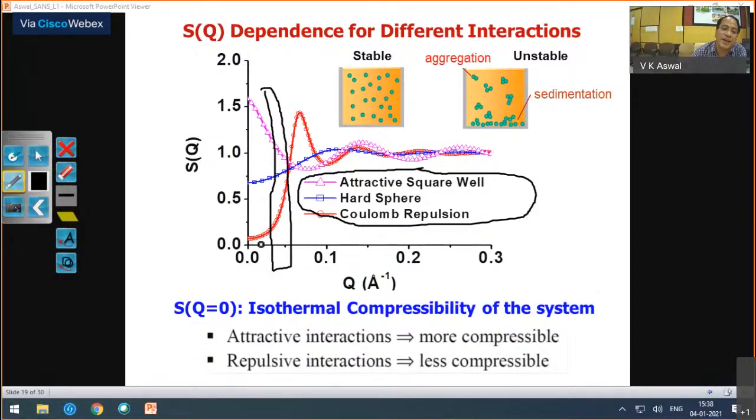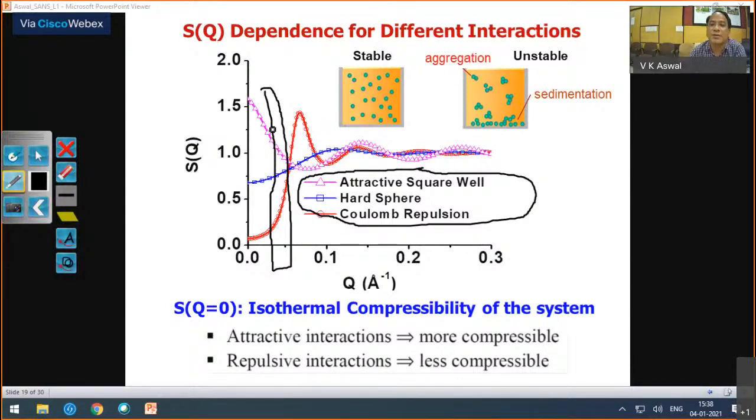So when you have a repulsive system, it is difficult to compress, which means their isothermal compressibility will be low. And when the system becomes attractive, it is easier to compress, so this S of Q equal to 0 contribution will increase. And from that, you can come to know when your system is going from repulsive to attractive.